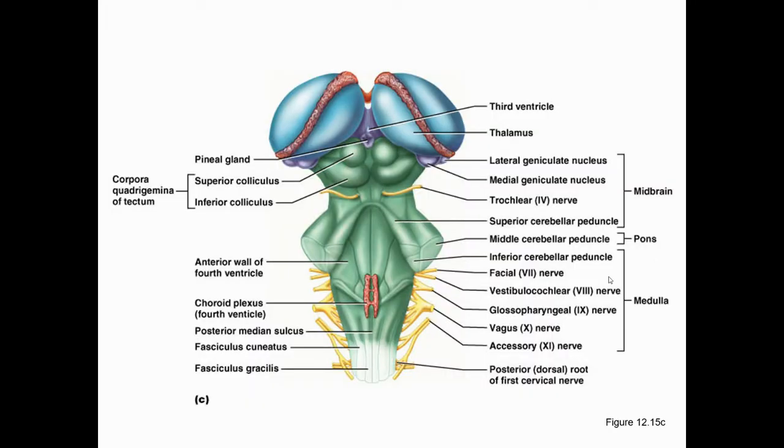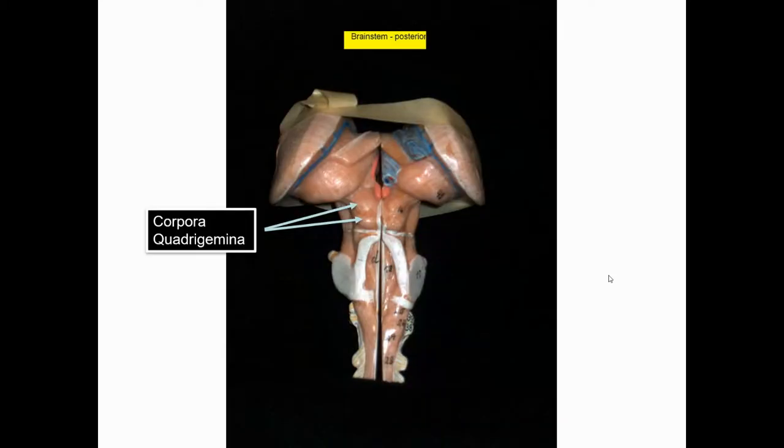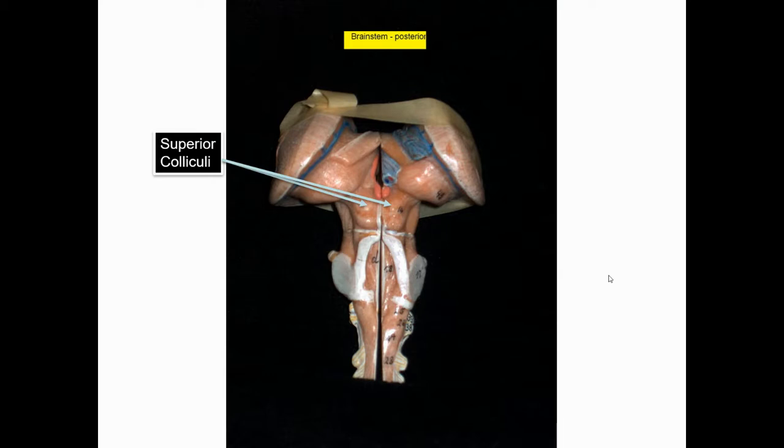If you look at the posterior side of the mesencephalon, you see four bumps. These are called the corpora quadrigemina. There are four of these, two top, two bottom. The top two are called superior colliculi, and remember they control visual reflexes.